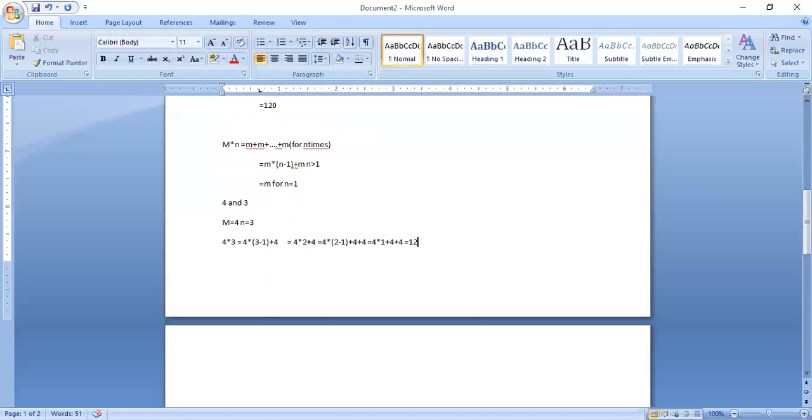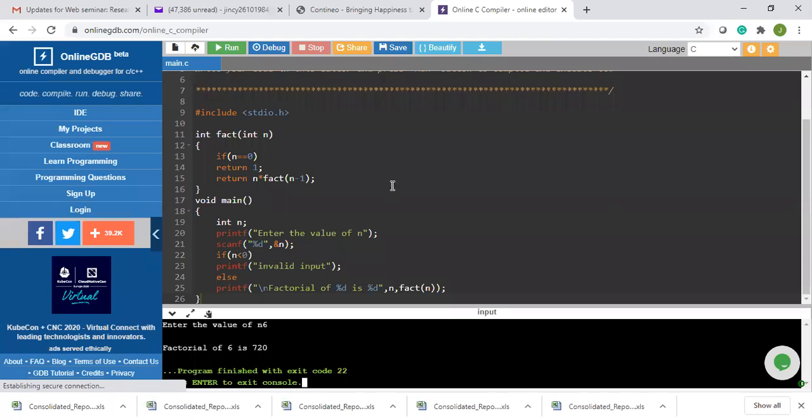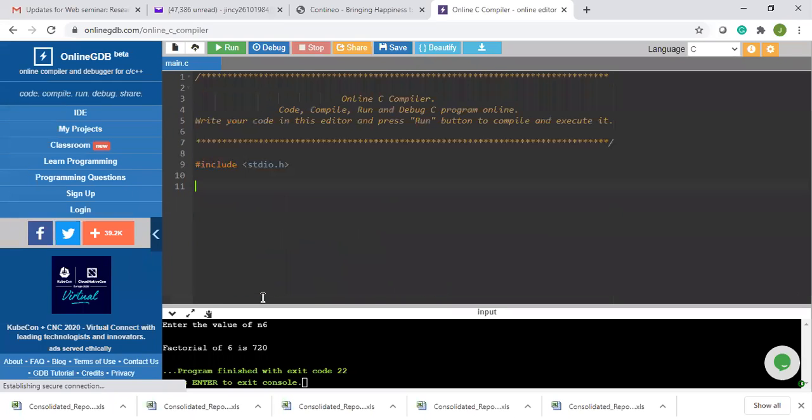Okay. Now let us see the implementation of the program for the multiplication of two natural numbers. We'll go to the editor, hash include stdio. I'm going to delete the previous program. Here also it is a concept of recursive function, int mul, that is my function name, multiplication, and I'm going to have two arguments, int a, int b.